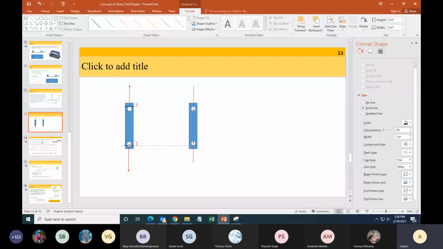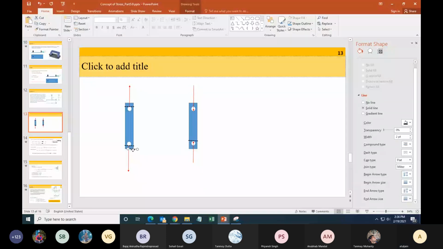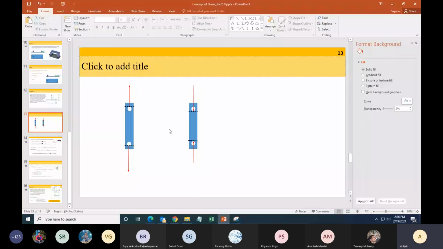That assumption we will make. In this case, this is the region which is subjected to stress. Now, can you identify the critical region? For tensile, it will be (width minus diameter) into T. For compressive, it will be diameter into T, not width into T.